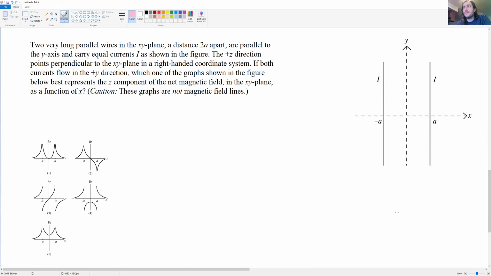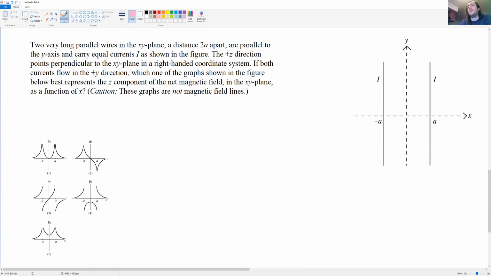The plus z direction points perpendicular to the xy plane in a right-handed coordinate system. If both currents flow in the plus y direction, which one of the graphs shown in the figure below best represents the z component of the magnetic field in the xy plane as a function of x?